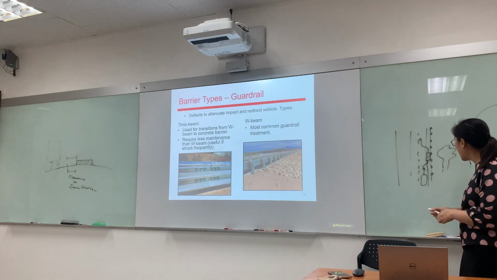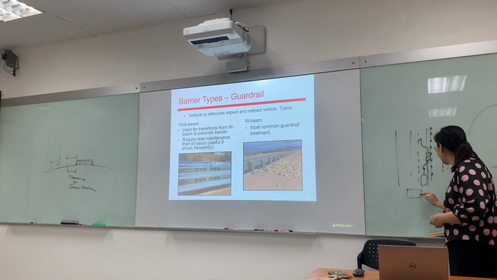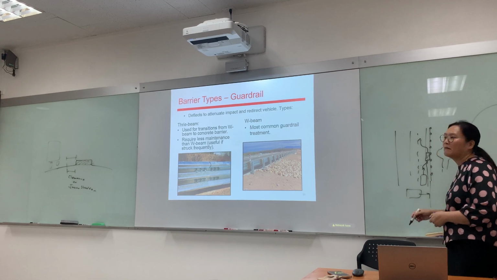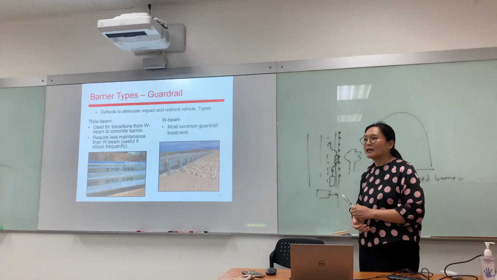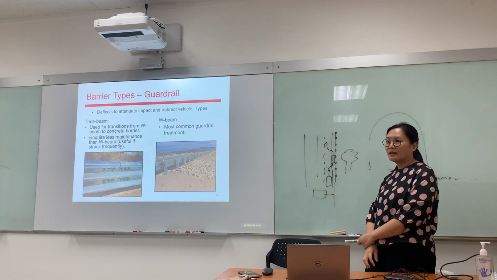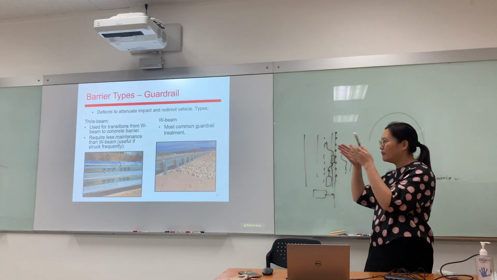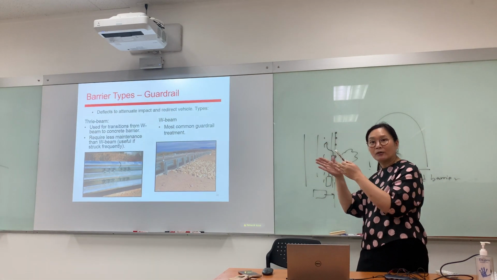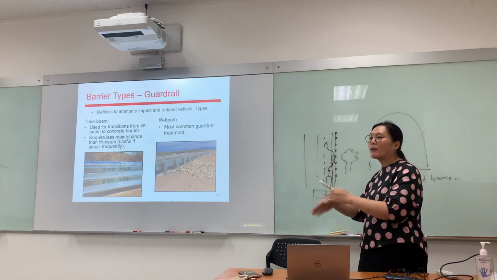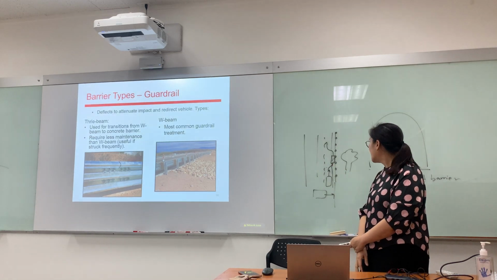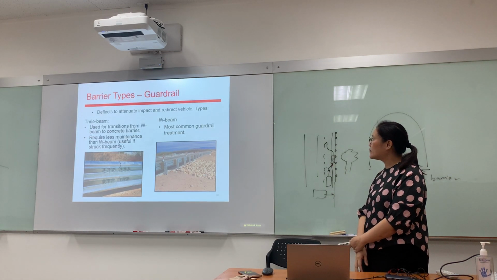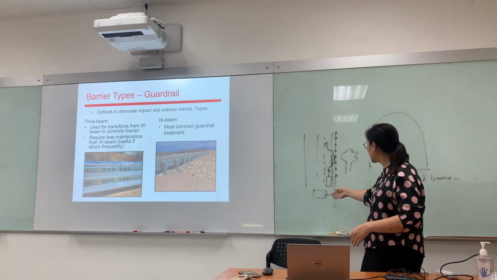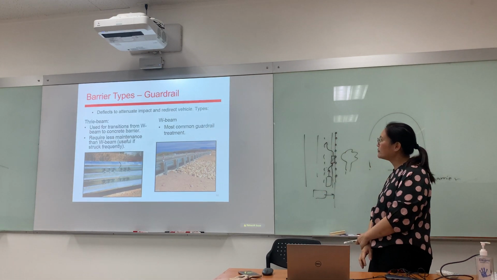But if you have a frontal impact on the guardrail like that, it's not guaranteed that you're going to be safe, because a frontal impact is more critical, right? It's like hitting some object. So for the guardrail, it's good if you can redirect the vehicle on the side.